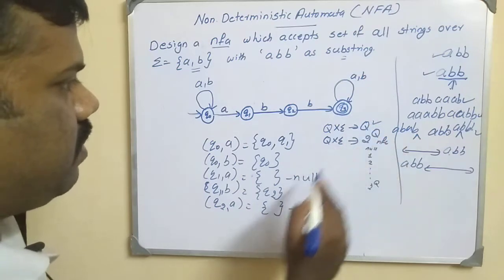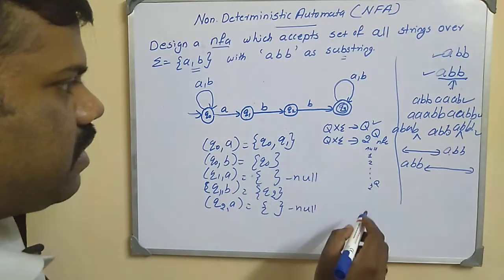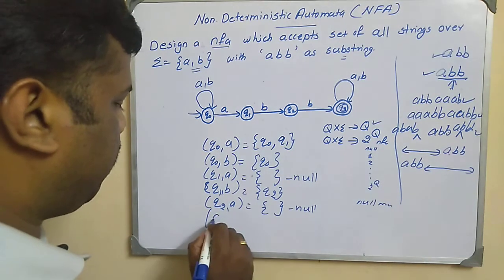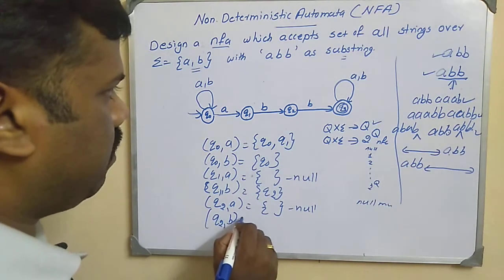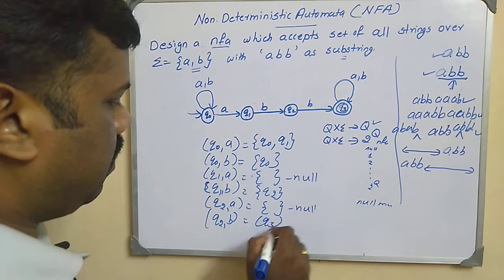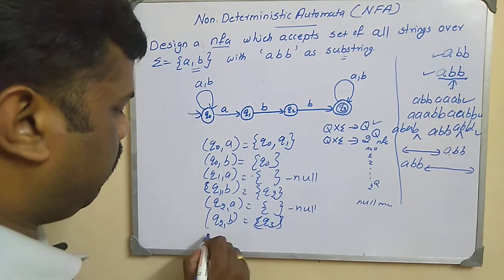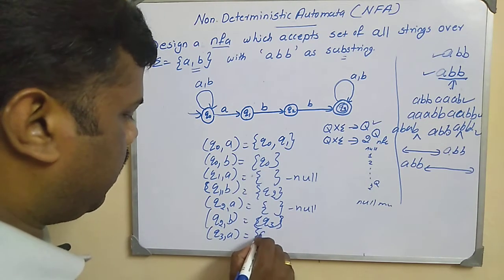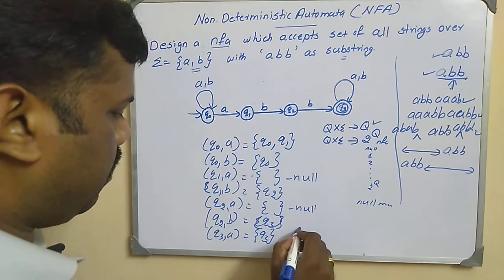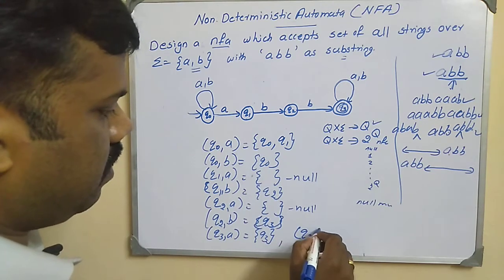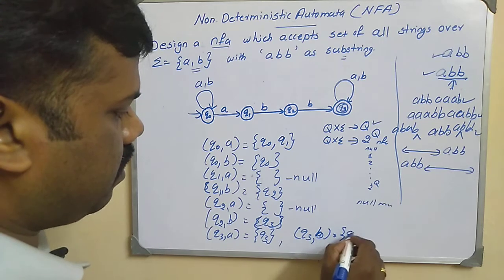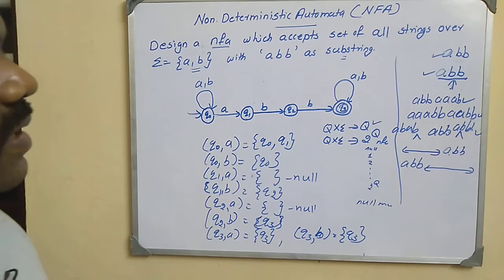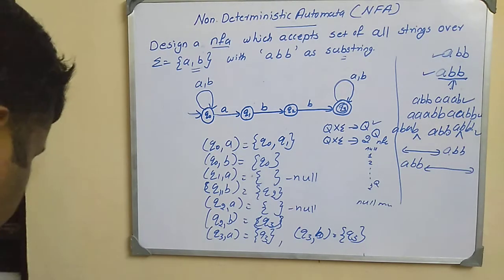For the DFA there must be at least one transition, but in this case there can be null or more than one transition. For Q2 on B the transition is Q3, and for Q3 on A and B it remains in Q3. That is the transition function of the designed NFA.